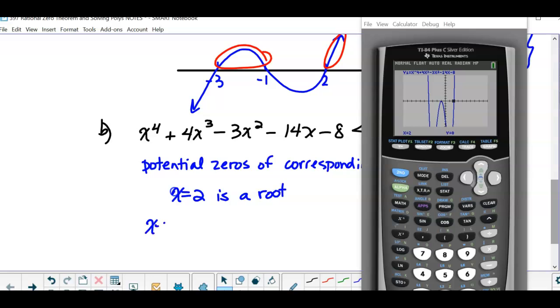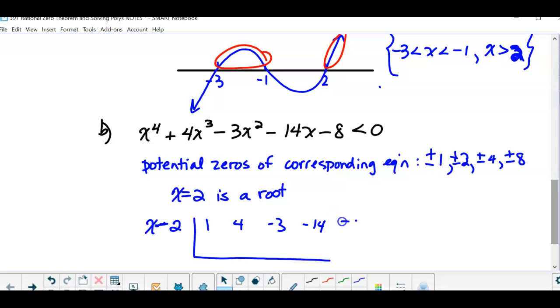So then we're going to divide, so x minus 2 into 1, 4, -3, -14, -8.